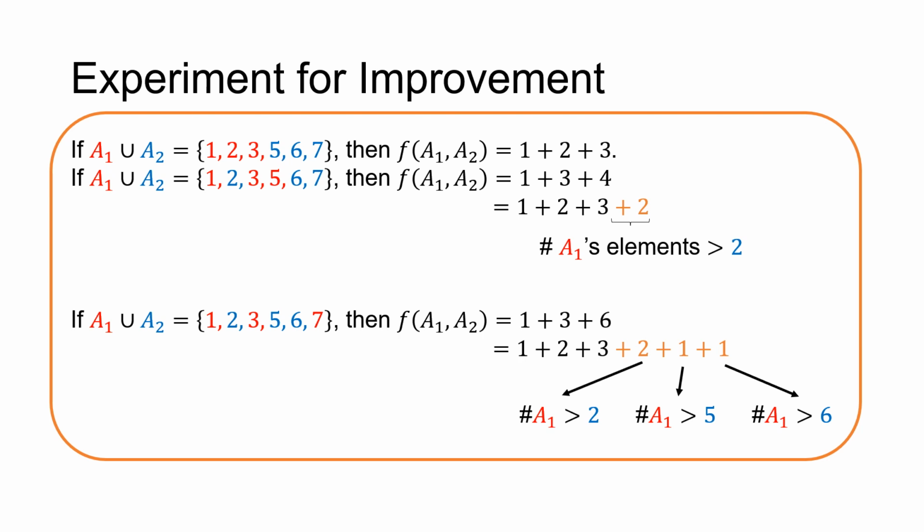If some elements from A2 are inserted on the left side of a specific element in A1, then the index of that A1 element becomes larger by the number of those A2 elements. If you don't understand this concept, let's examine the third example before moving on to the next slide.